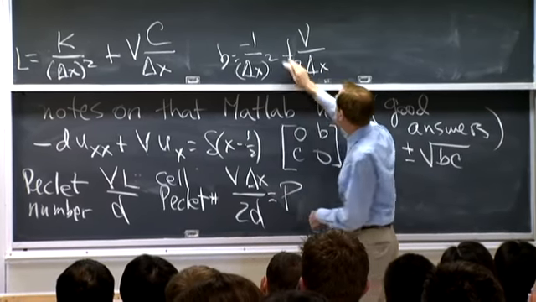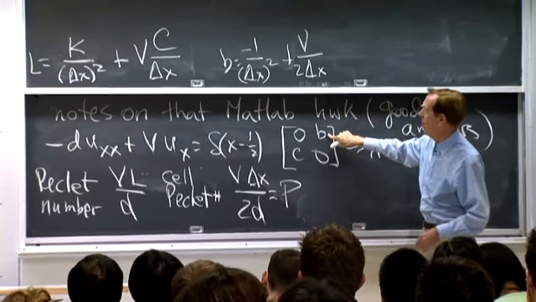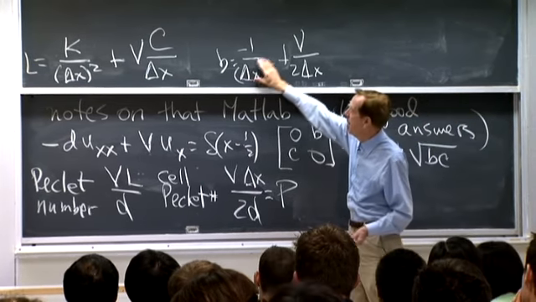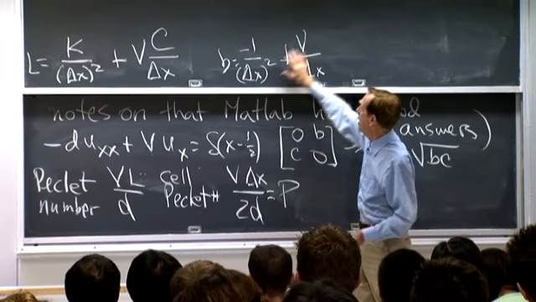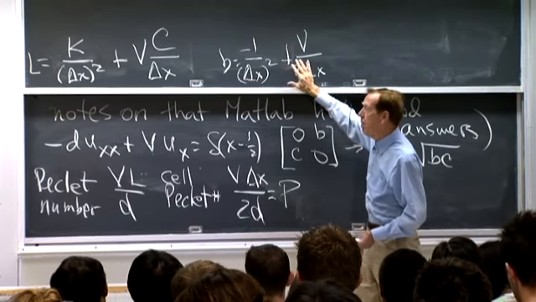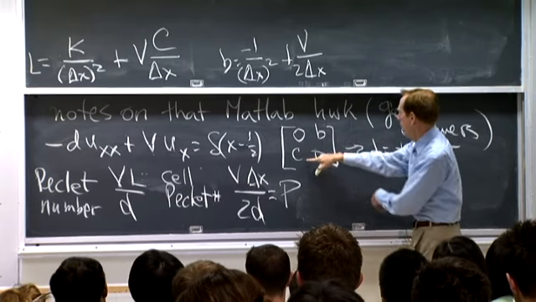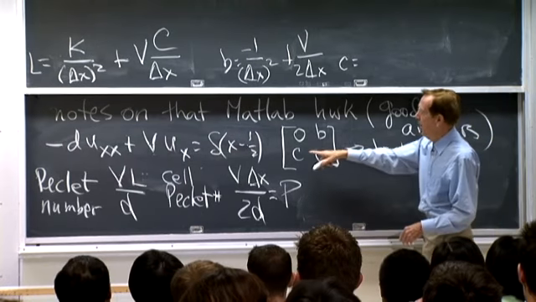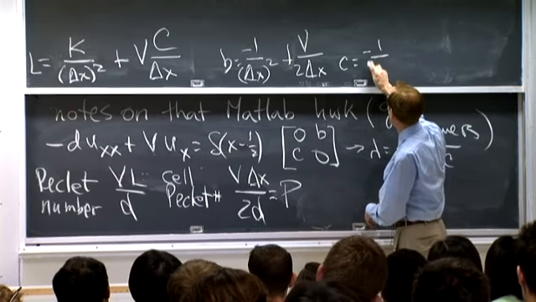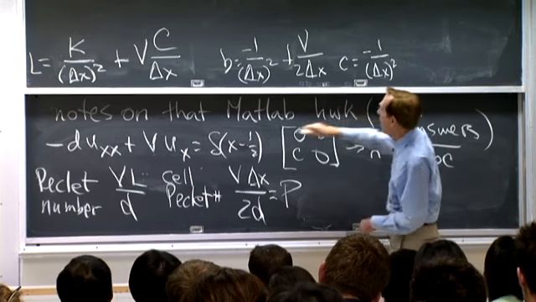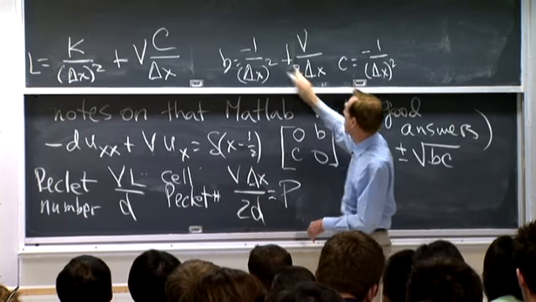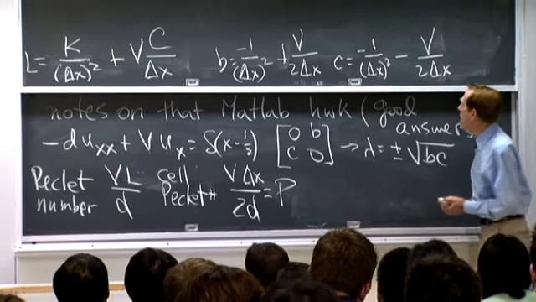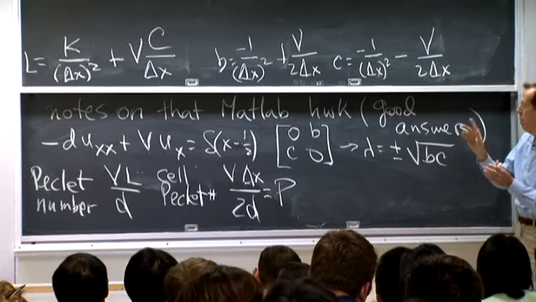Is that what a typical off-diagonal entry in the matrix that you displayed was? That's what's coming from the off-diagonal of K, and this is what's coming from the center difference. And then what would c be? Well, c is below the diagonal, so it's also that -1 over delta x squared. But now this is a difference, so it's going to be a minus. I think those would have been your entries for b and c.